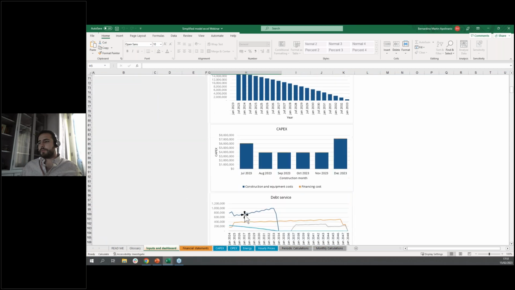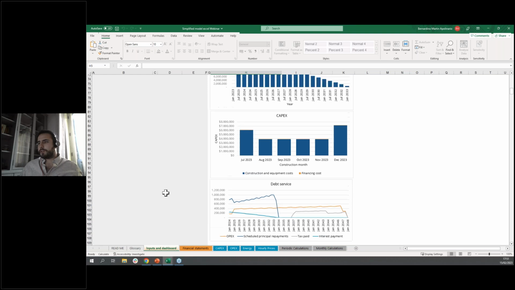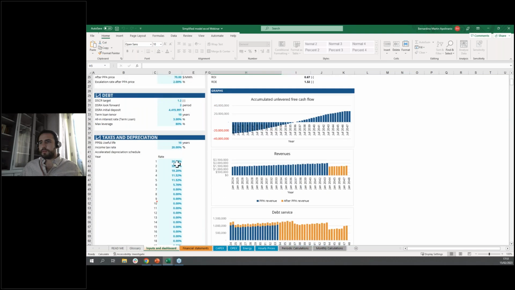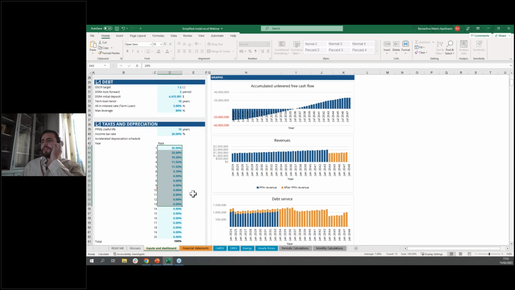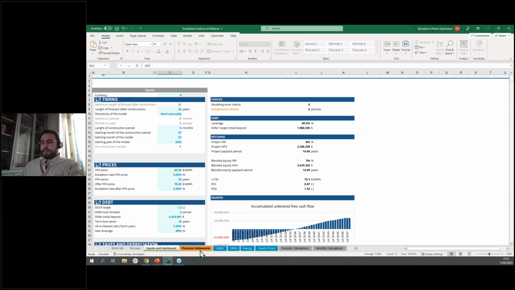Here we can see, for example, some plots to see the OPEX, the scheduled principal repayments. Then the tax payments are done at the end because we're having an accelerated depreciation in this example. But yeah, all this information can be used for building a financial model.